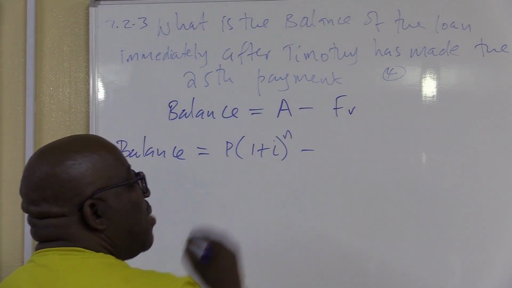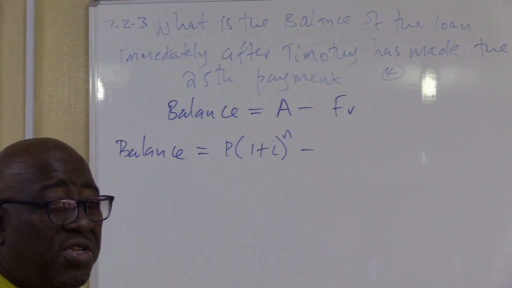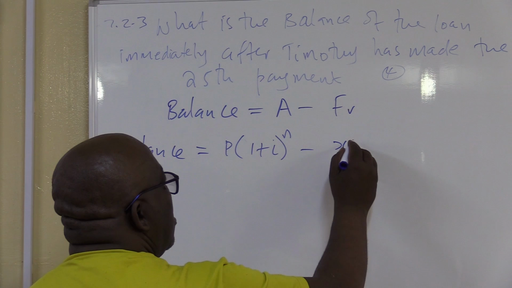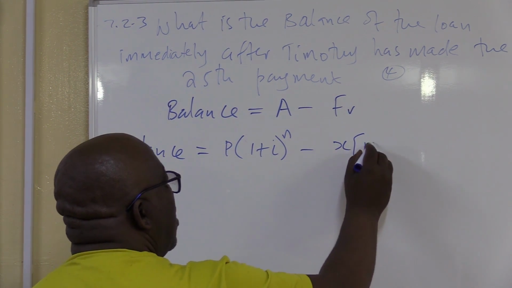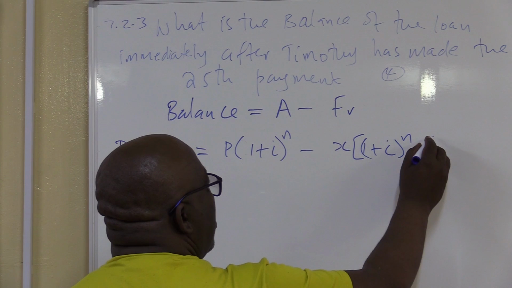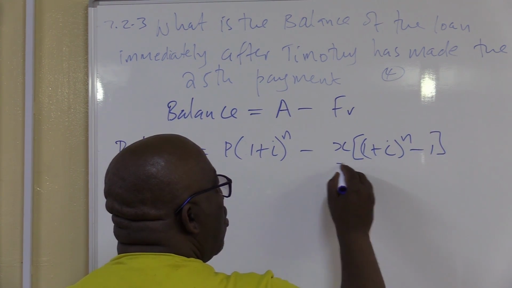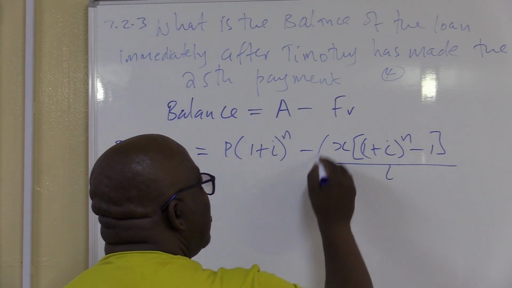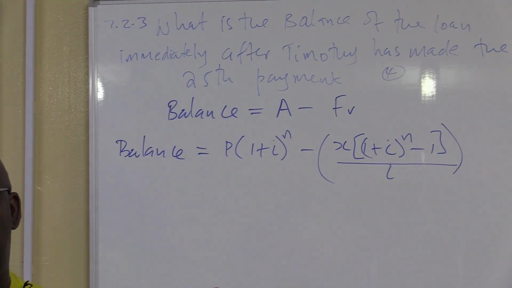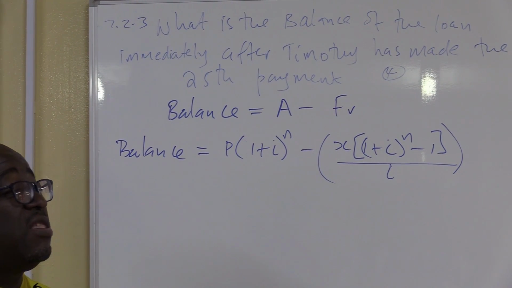Minus, what is my future value? Do I know the formula for the future value? Yes, I know. It is the installment into ((1 plus i) raised to the power n minus 1) all over i. Remember that I'm subtracting all this. That's what the balance is. This is the formula for balance if you are calculating the balance.